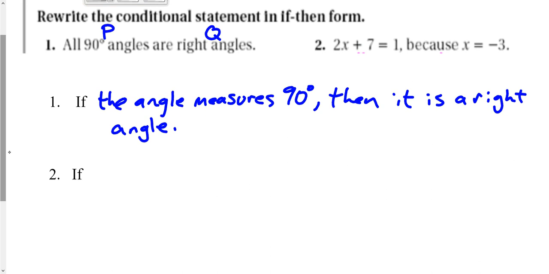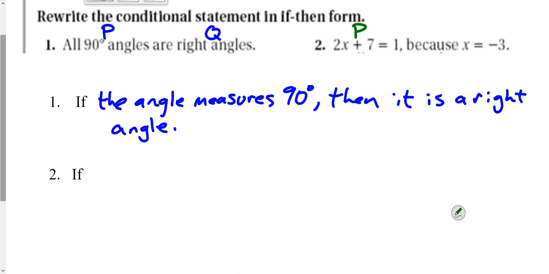All right, looking at number 2. 2x plus 7 equals 1 because x equals -3. So our 2x plus 7 equals 1 is our hypothesis.